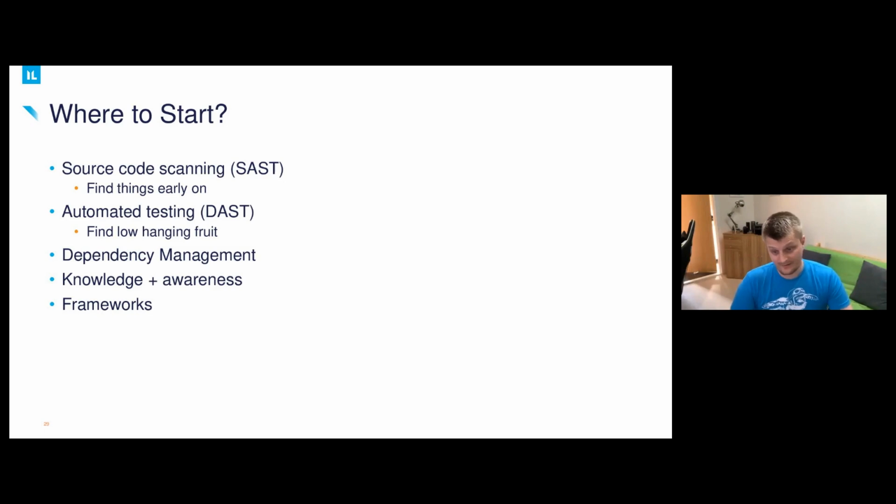The other important one is knowledge and frameworks. So this is where you start getting your developers trained up in knowledge, be it webinars, online training platforms, even free resources. So OWASP, which is the Open Web Application Security Project, they have a whole wealth of documentation and knowledge.